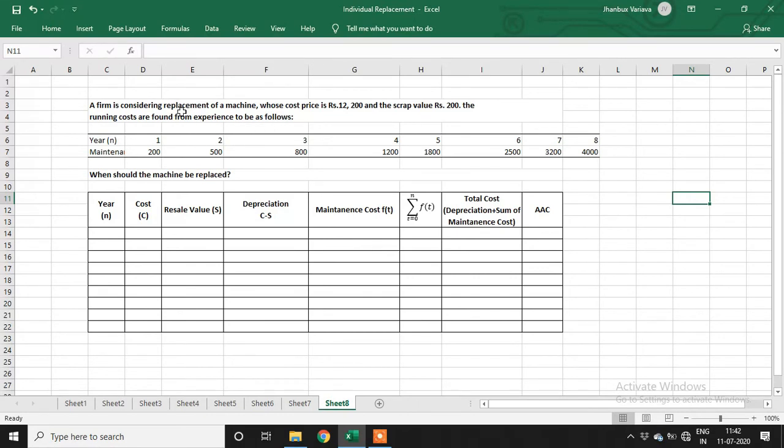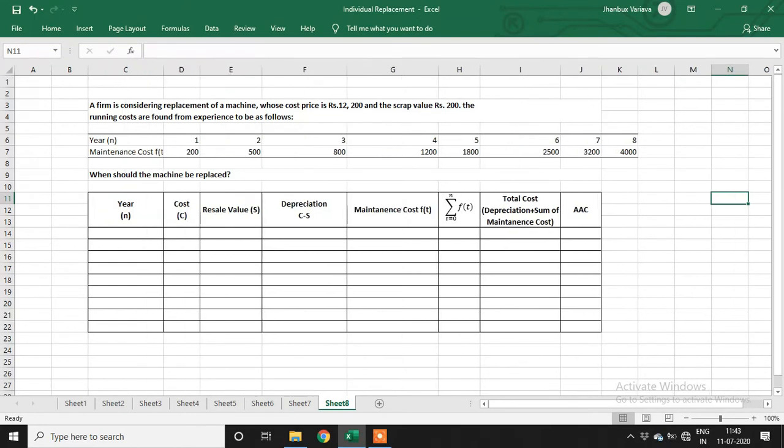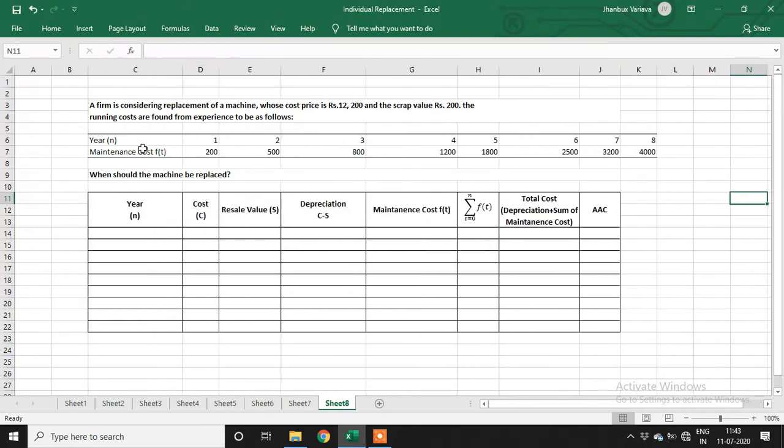So what it tells us is that there is a replacement of a machine to be done whose initial cost is 12,200 and scrap value is 200. Now the maintenance cost over here is given to us. Okay, so the year is given to us, the maintenance cost is given to us. So how many years are given to us in this numerical? From 1, 2, 3, 4, 5, 6, 7, 8.